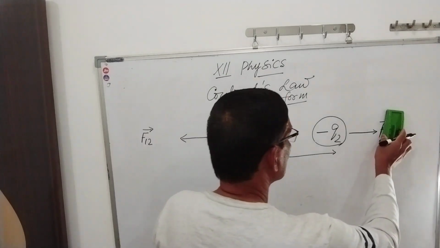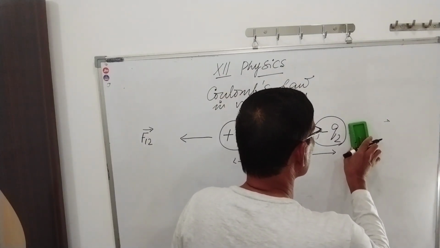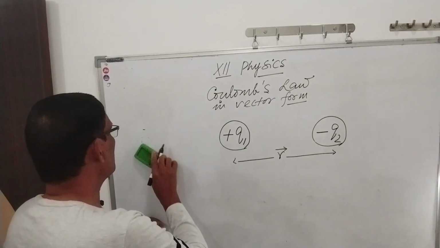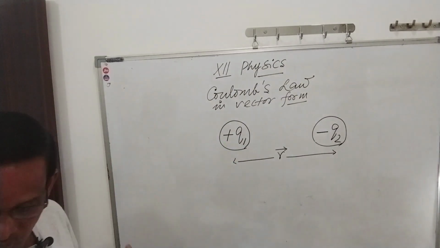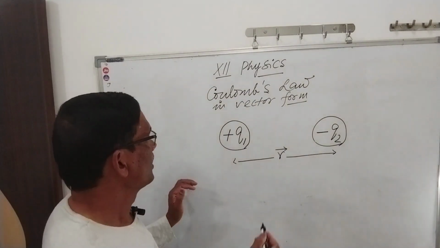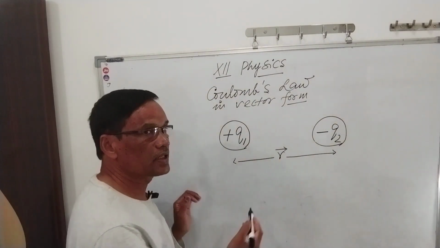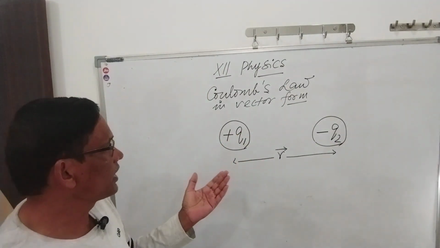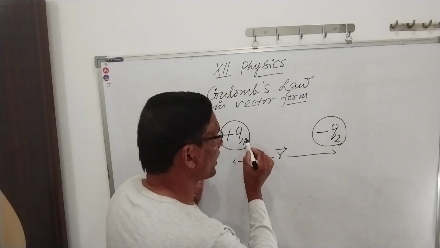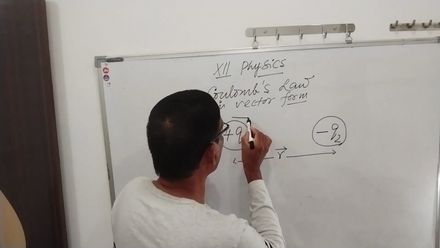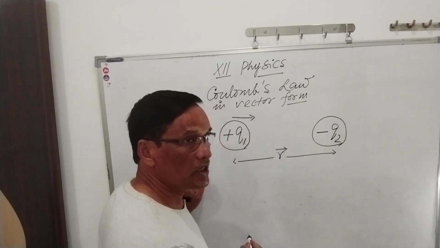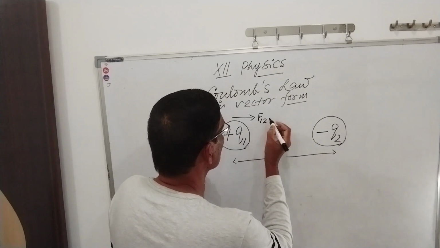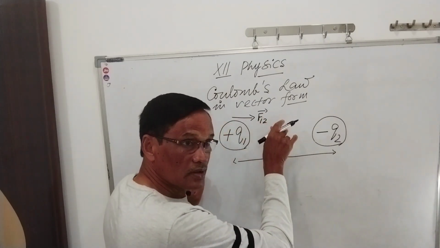So this will now change the scenario: the force of repulsion is now converted to force of attraction, right? Because Q1 and Q2 are opposite in charge, what you will be getting is the force on 1 due to 2 will be in this direction.